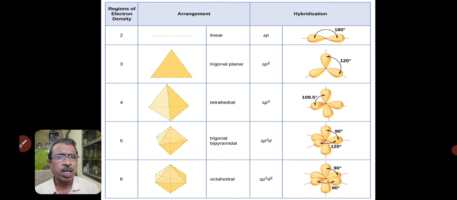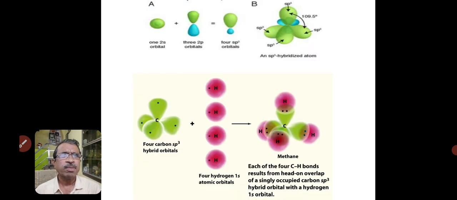And lastly, sp3d2 hybridization results in octahedral geometry with a bond angle of 90 degrees. This slide shows how the overlapping of atomic orbitals takes place, giving a definite geometry to the molecule.